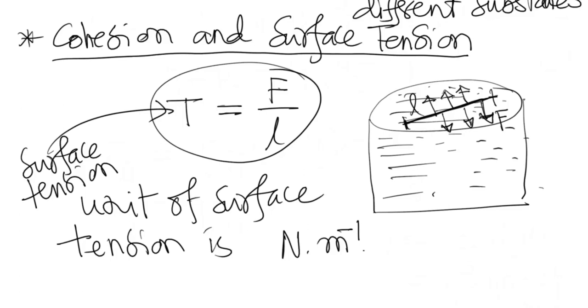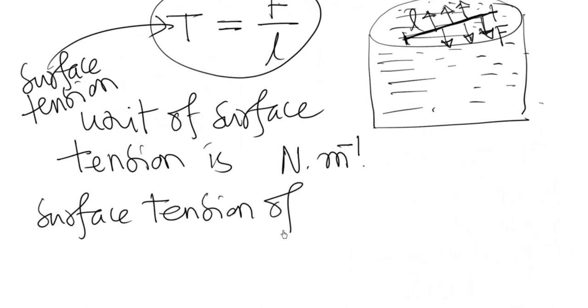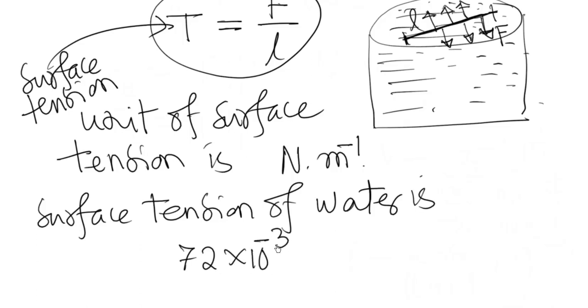Now the surface tension of water, this is an example. The surface tension of water is 72 into 10 to the power minus 3 Newton per meter. What is the meaning of this?